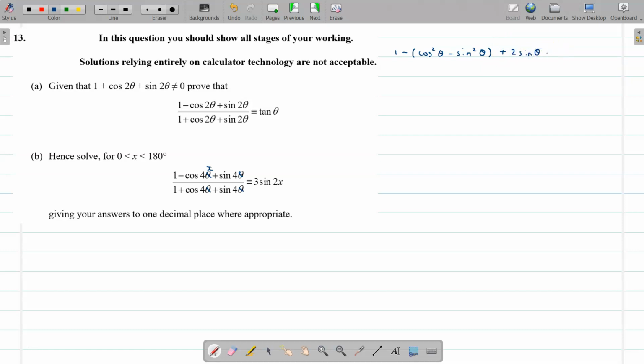So that's the identity for sine 2 theta. So this is the left-hand side I'm working on, and I'm going to hopefully arrive at tan theta eventually. And then underneath that, I'm going to do a very similar sort of process. In fact, so similar that I'm going to copy it and just change this minus to a plus.